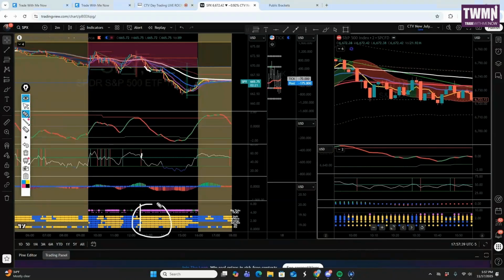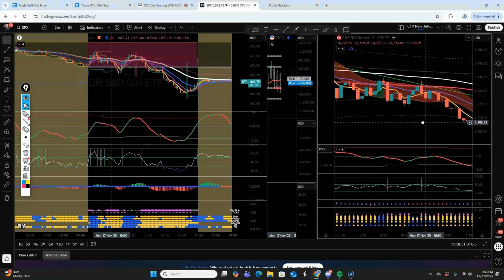We know the river is yellow here, right? We're just looking for a pullback. We get a pullback here. Maybe I could take it right there. Put my stop, right? Maybe I take this pullback. Take it there with my stop. Pullback entry gives you a better risk reward.